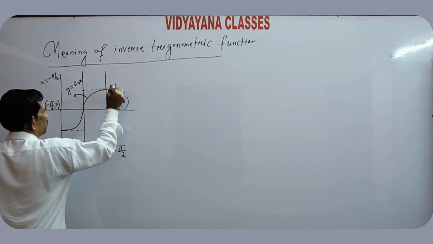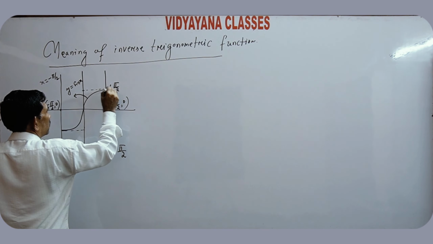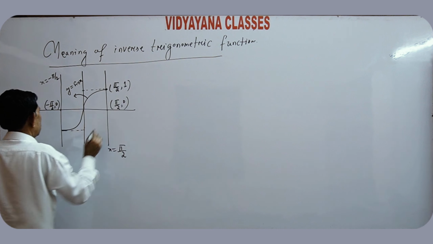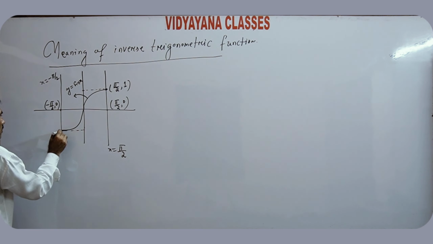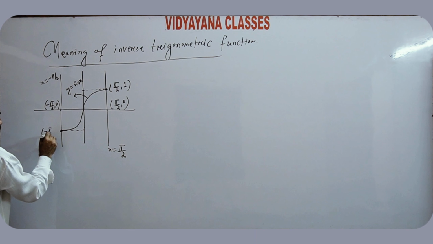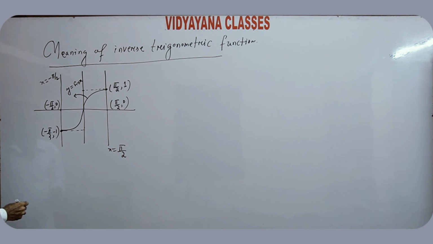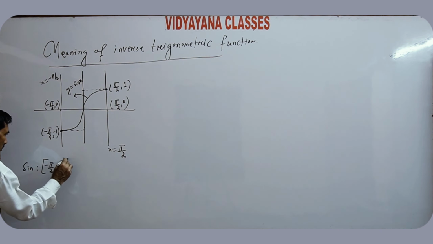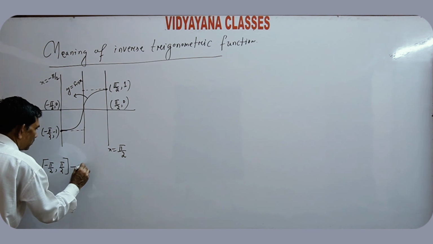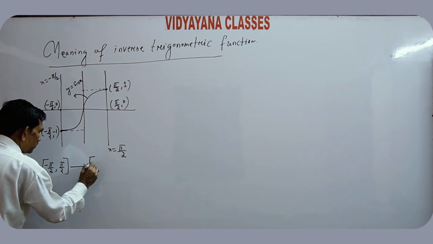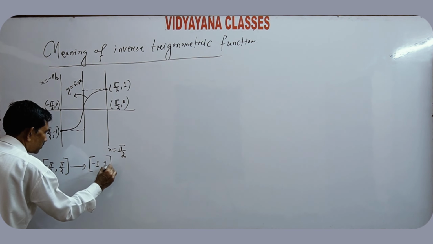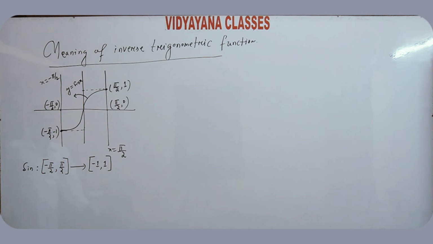This point is pi by 2, 1. This point is minus pi by 2, minus 1. Sin from close bracket minus pi by 2, plus pi by 2 close bracket to close bracket minus 1, 1 close bracket is bijective.